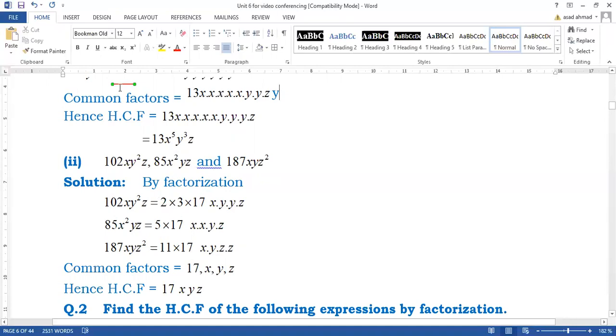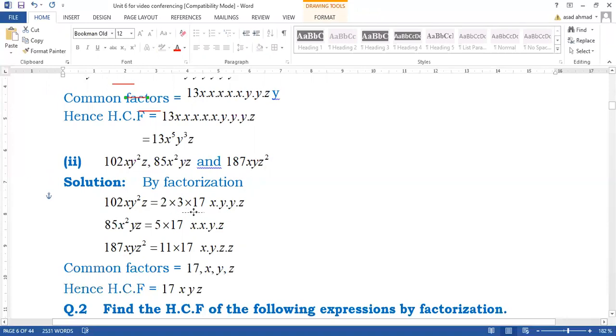If we notice, the number 17 is common for all these three parts right here. So from the numbers you will see that 17 is taken as a common factor.